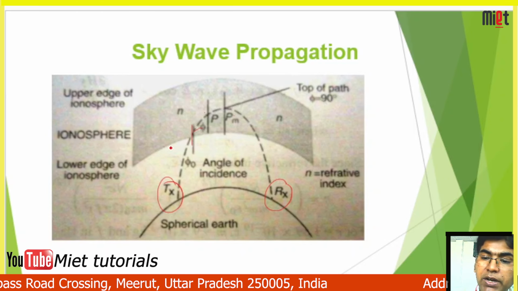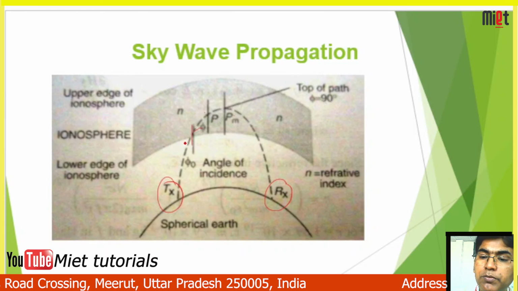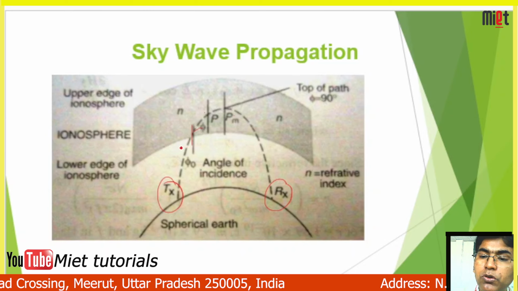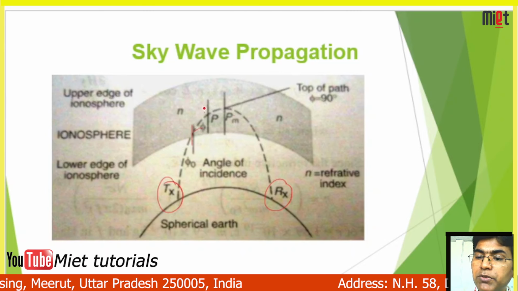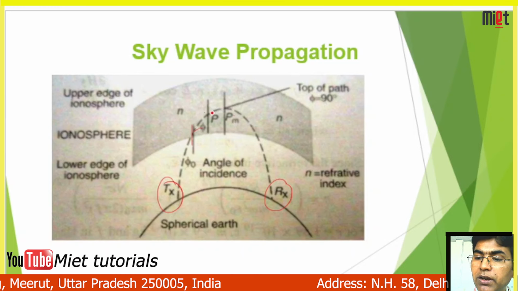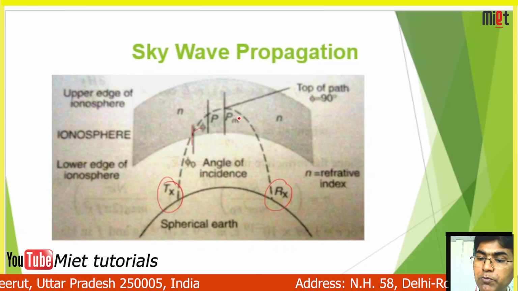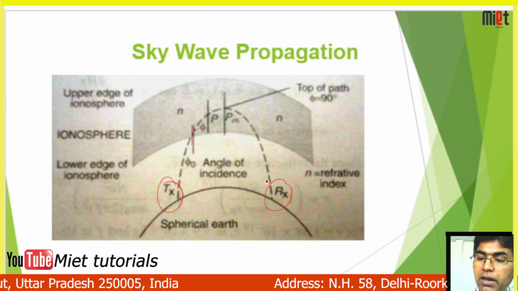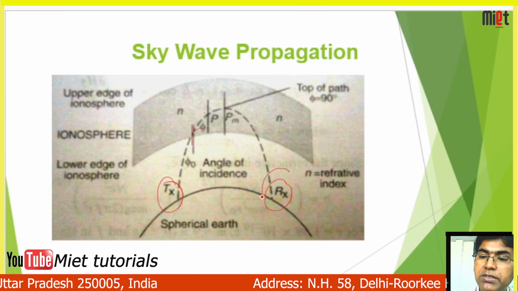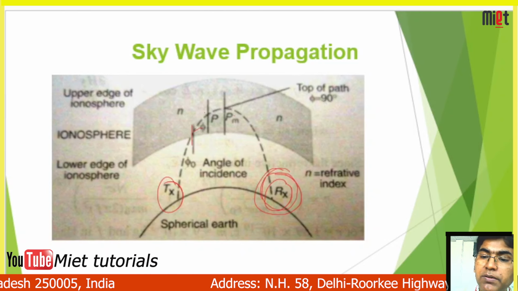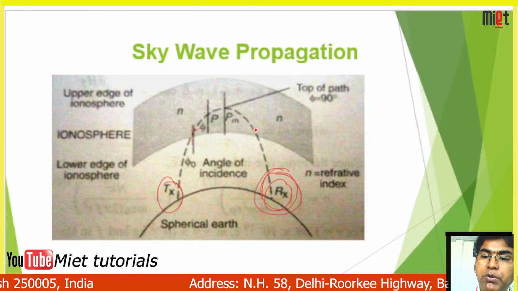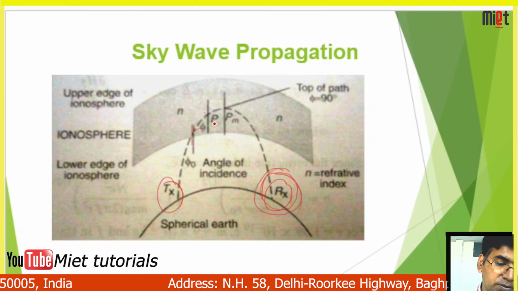The wave is getting refracted because it is passing from denser to rarer medium, getting away from the normal, and after that, it completely returns to medium 1 and is received at the receiver point. This method of wave propagation using the ionosphere will be called sky wave propagation.